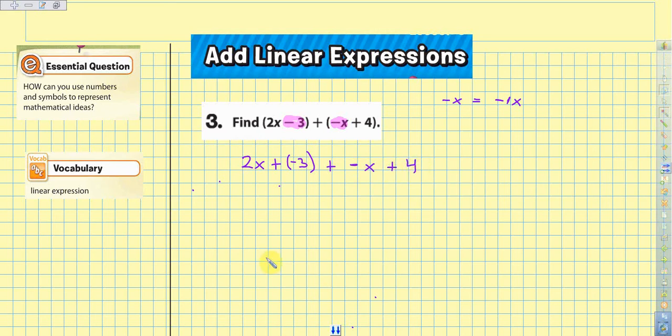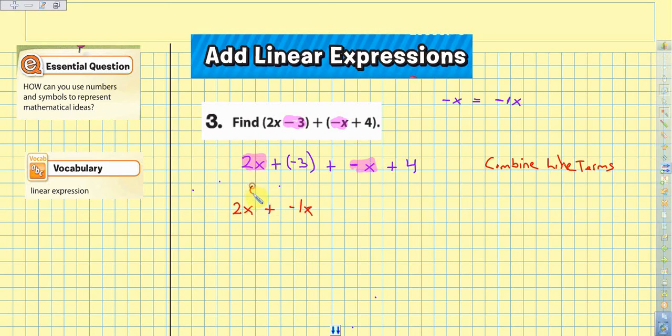Okay, so things have gotten a little bit complicated, but not too bad. We're still going to combine like terms. What two terms? Let's start out with our variables. 2x and a negative x, or a negative 1x. So think about that. We're going to have 2x and we're going to add a negative 1x.